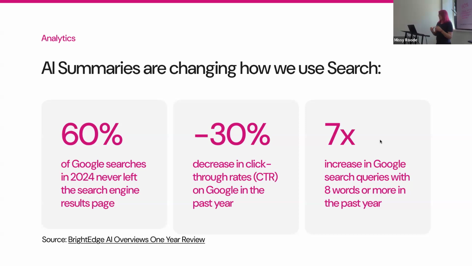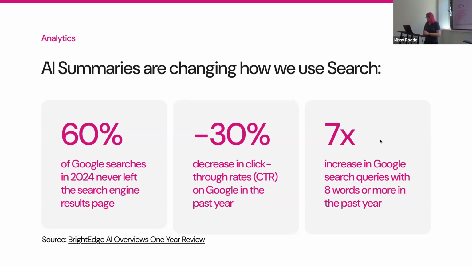60% of Google searches last year never left the search engine results page. So people are searching, looking at the AI result, and then not clicking on anything. They got their answer, or they think they did. Of course, it's not accurate half the time, but the point is that they're satisfied with the answer the AI gave them, and so they are not clicking through.